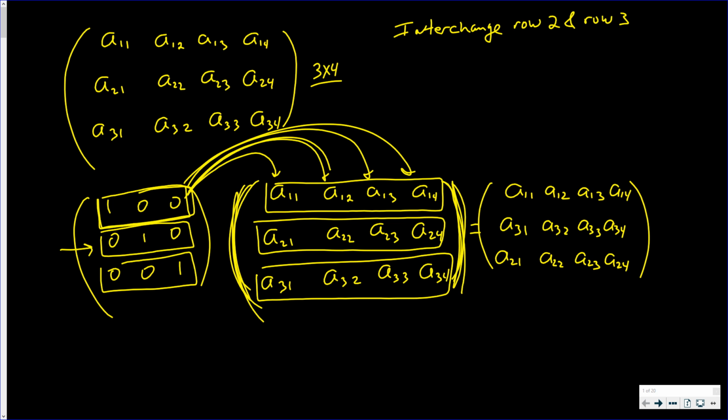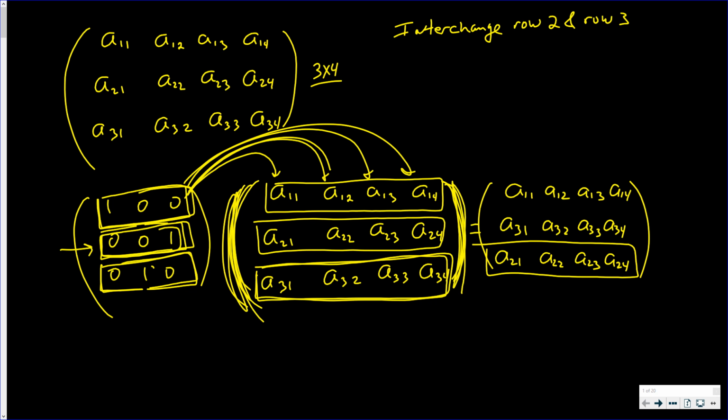What we're going to do is just interchange row 2 and row 3 of the identity matrix. Like I said before, when we multiply or dot this row with this matrix, we're going to get the third row.